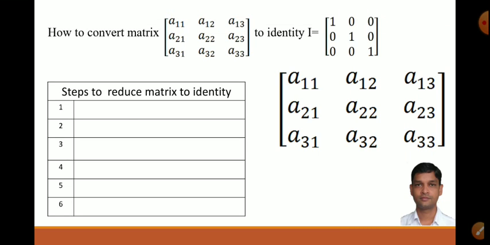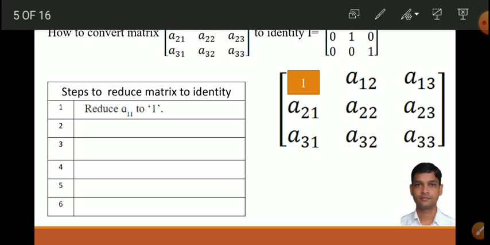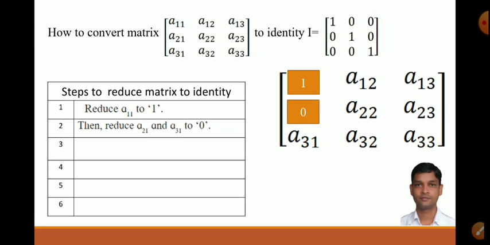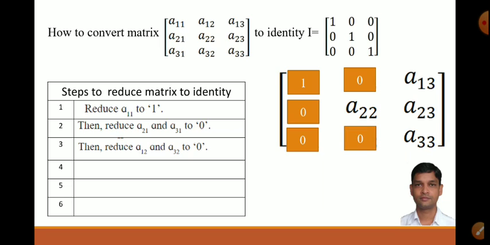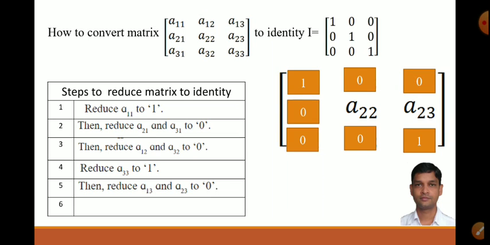First, we have to adjust 1 at this place, the first place. In the next step, you have to adjust these two zeros, that is, adjust 0 at these two positions. Then adjust 1 at the last position, then 0 at this and this position.